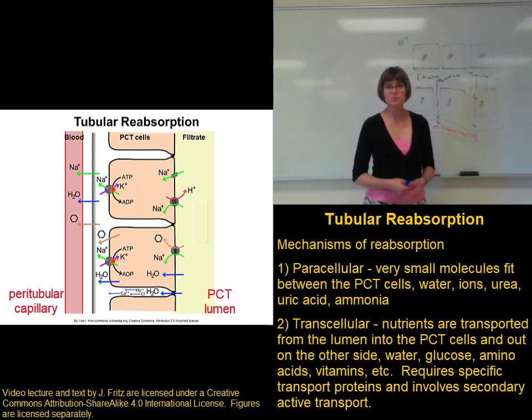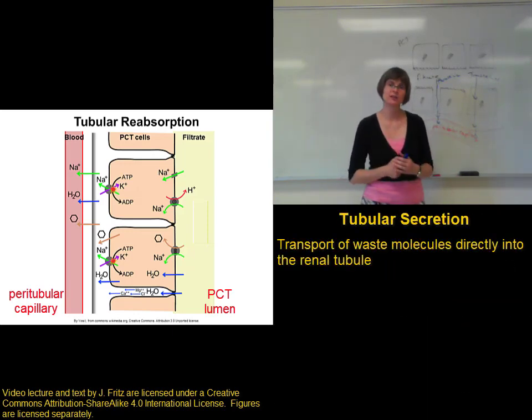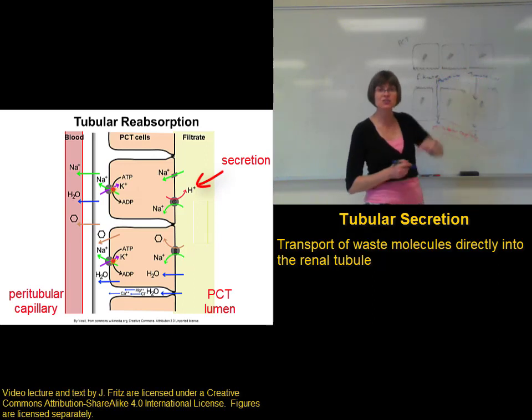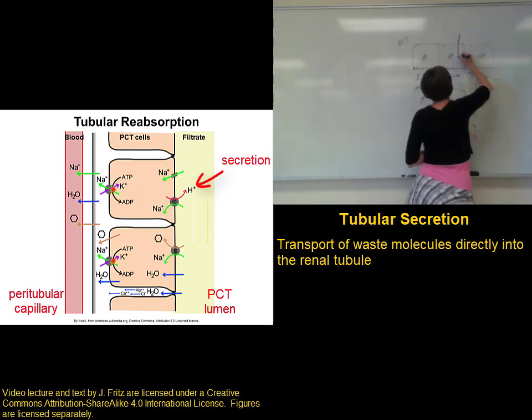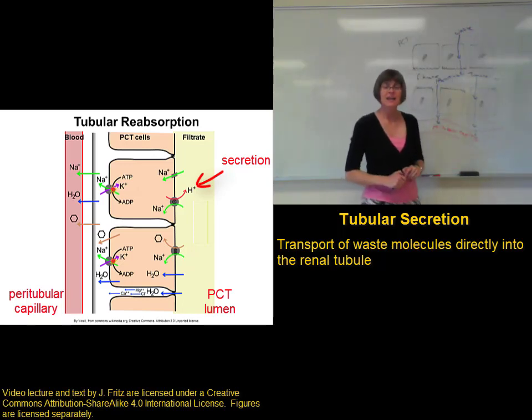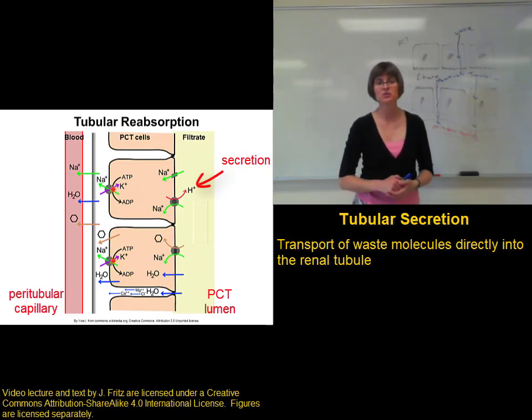In addition to tubular reabsorption, where we're taking back the good stuff, we also see some tubular secretion. In tubular secretion, waste molecules can be specifically transported into the renal tubule. There are a number of transporters that will transport waste directly into the renal tubule.